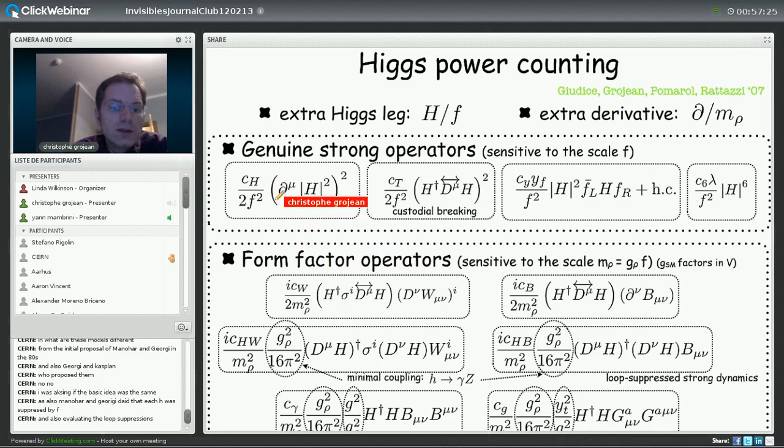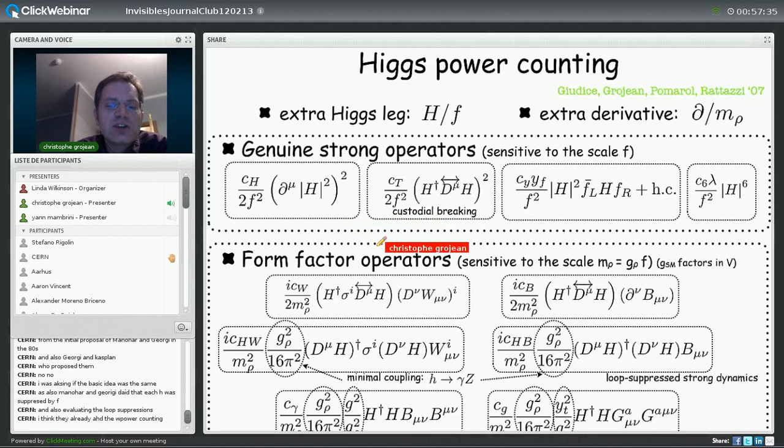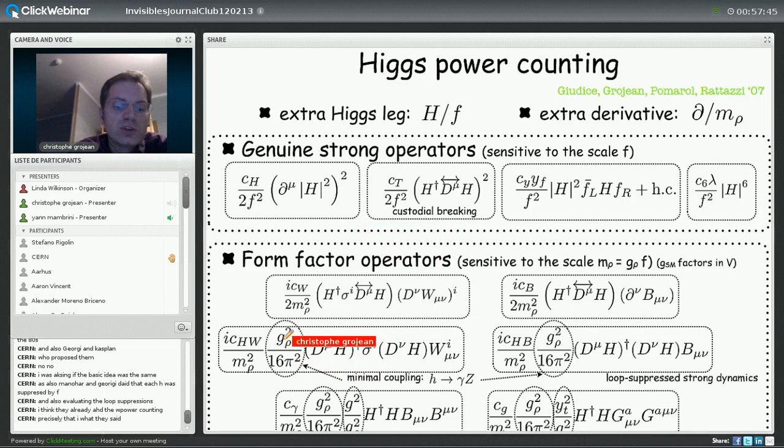So the basic idea is the same. The classification is not. Here the issue is really that there is a hierarchy of scales suppressing the different operators. While in the first classification, basically we're assuming that you have strong interaction, so g star is equal to 4 pi, and then clearly you don't see these loop suppression factors anymore. Right?